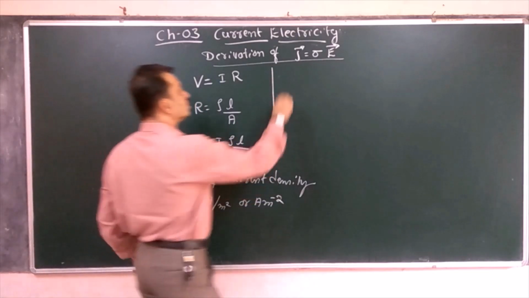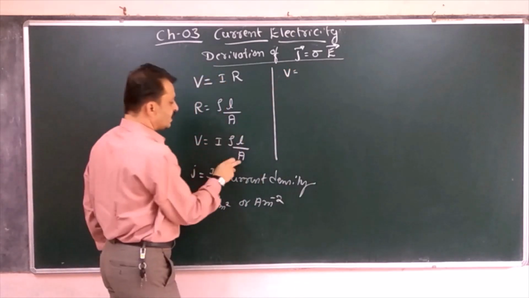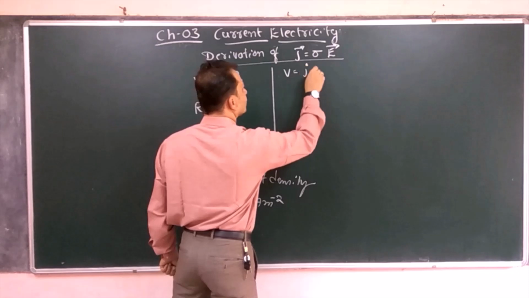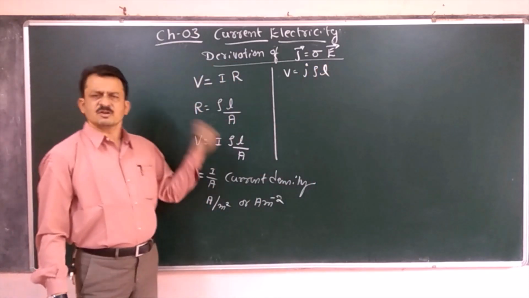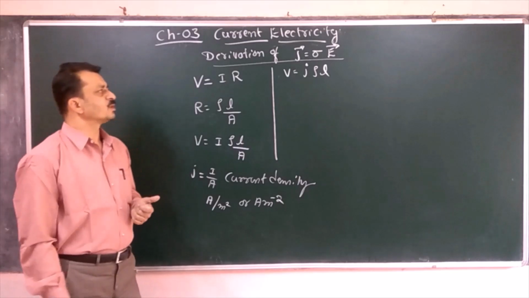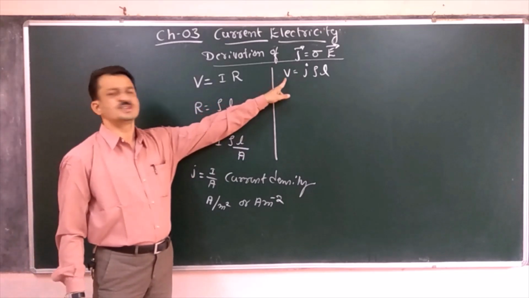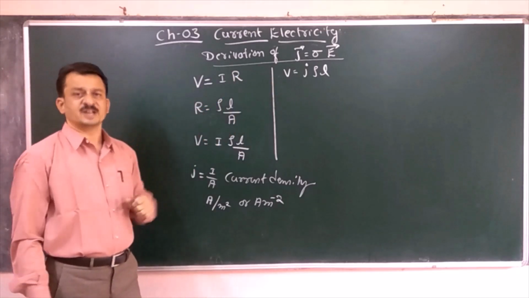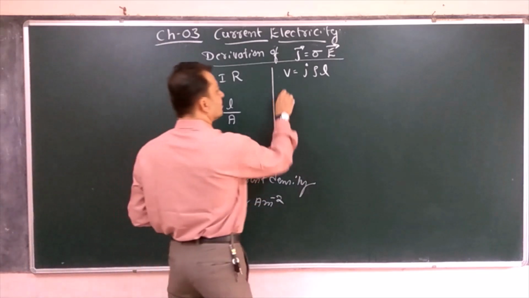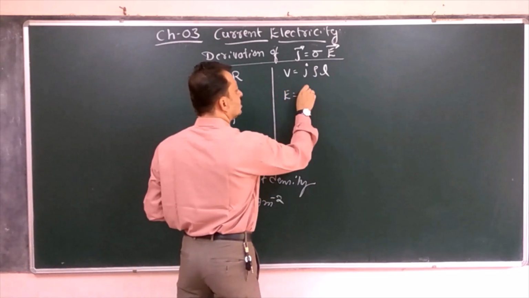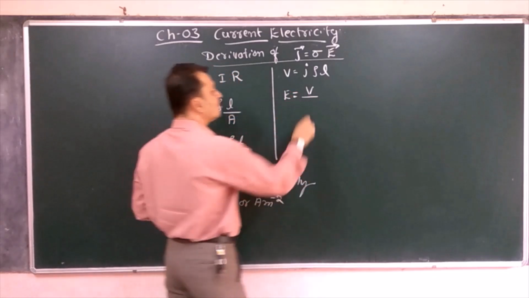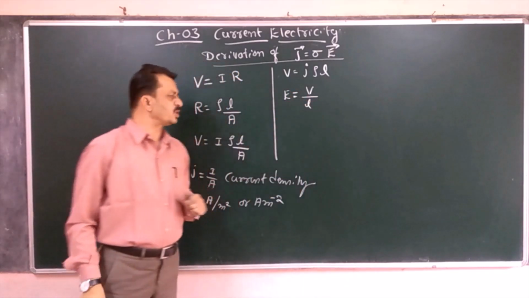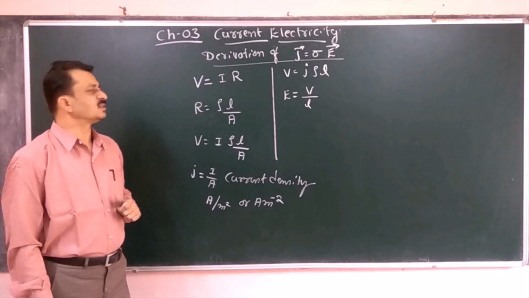So therefore V is equal to, now I by A becomes J, rho L. Now earlier we have studied in the previous chapter what is the relation between the potential and the electric field. If you take the magnitude, then the electric field is equal to V by L. V is the potential and L is the length of the conductor.